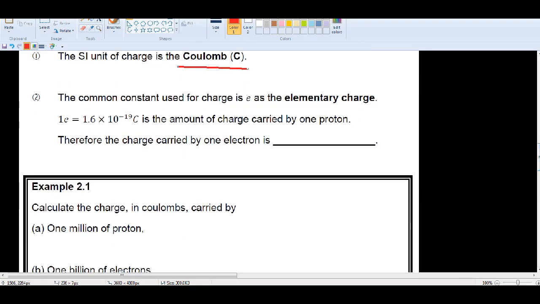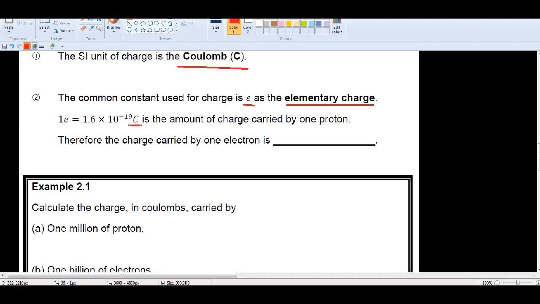The common constant used for charge is what we call the elementary charge, also called the electronic charge. If it's positive 1 e, it's the charge carried by 1 proton. If negative 1 e, it's the charge carried by 1 electron. So 1 e is 1.6 times 10 to the power minus 19 coulomb.